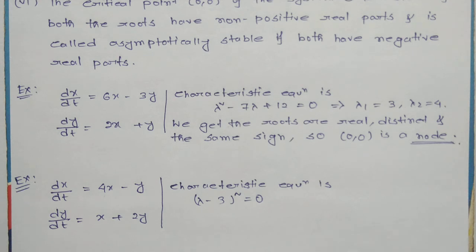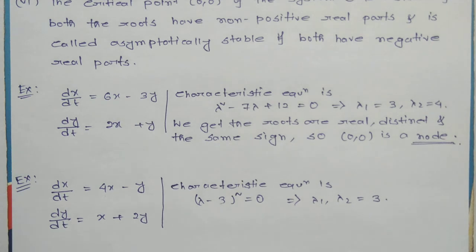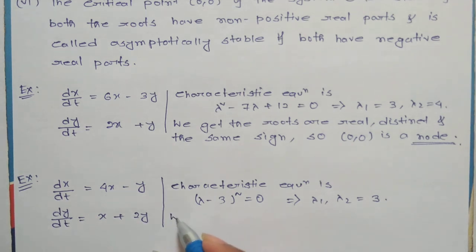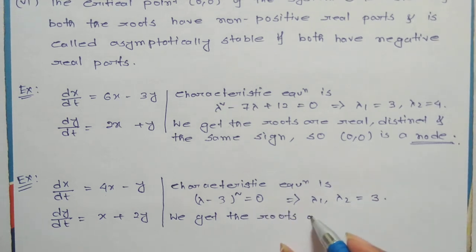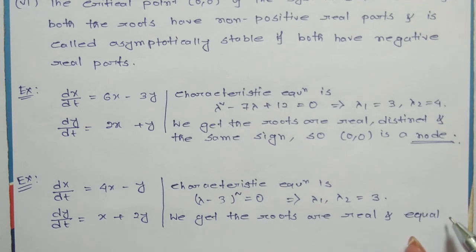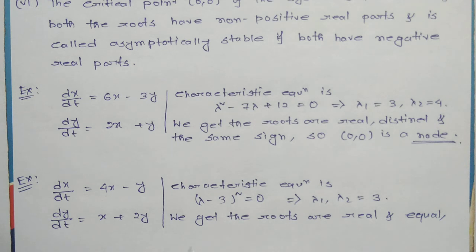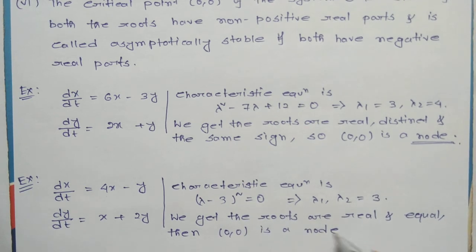Okay, so lambda 1 and lambda 2 both are 3. So what we get, the roots are real and equal. Then (0,0) is a node.